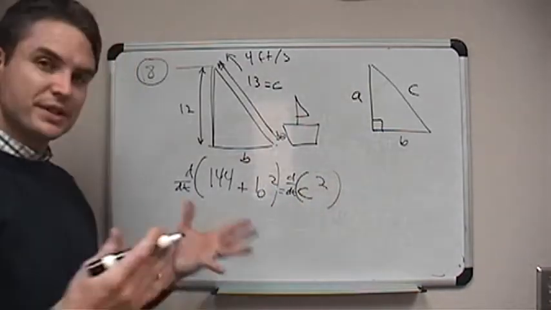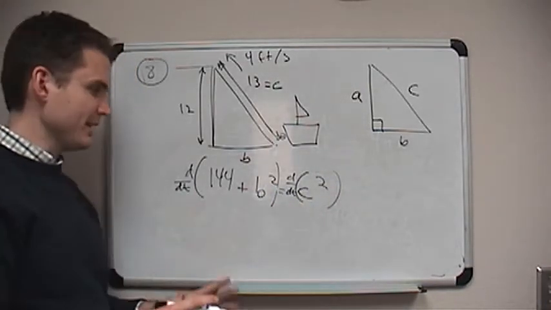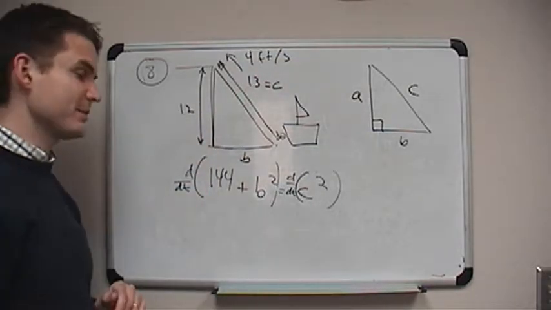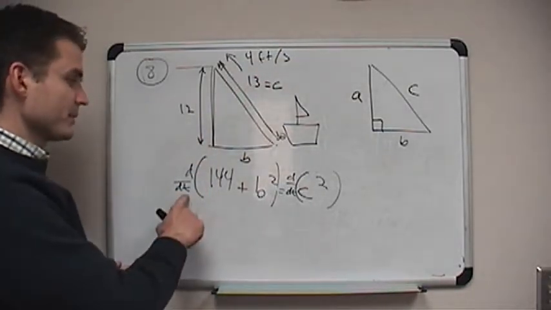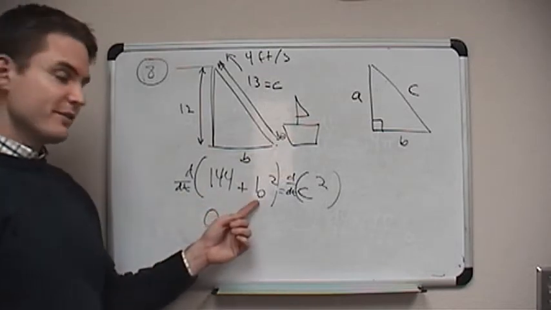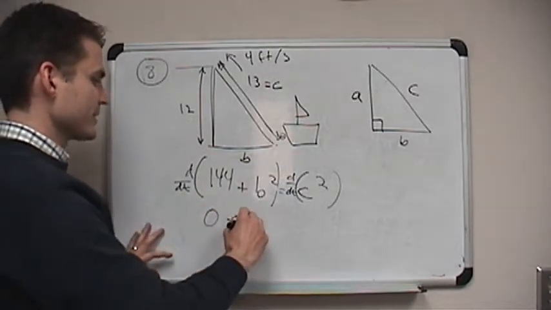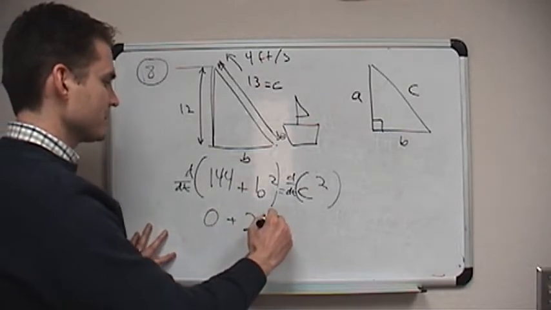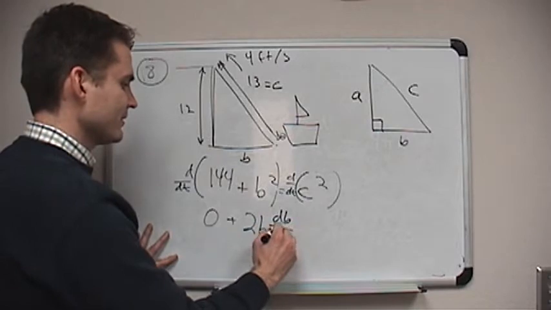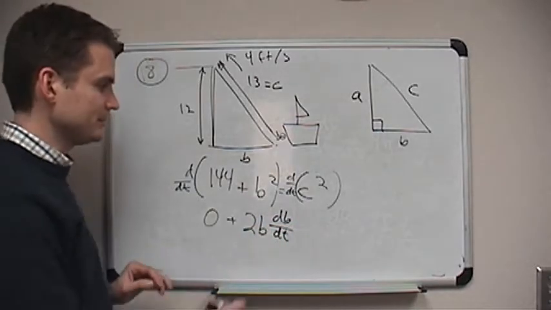Again, these are implicit derivatives. t is time, and in this case time is going to be in seconds because that's what our one measurement in time is given to us as. The derivative of 144 is 0. The derivative of b squared is going to be 2b times dB/dt, just the generalized power rule.